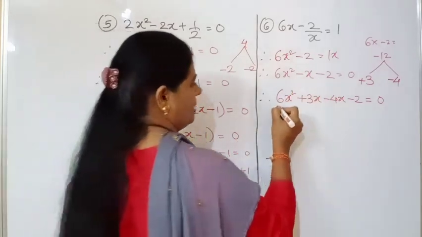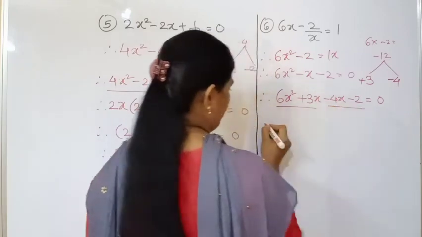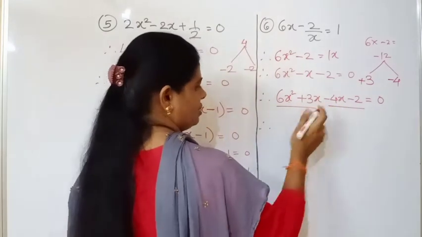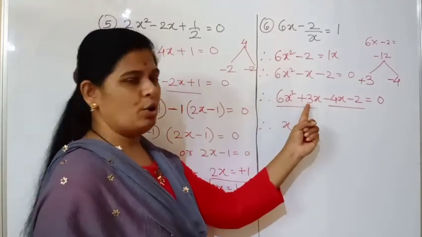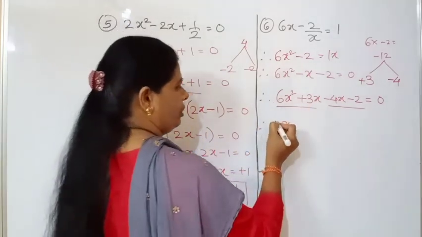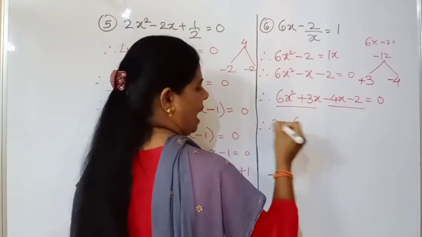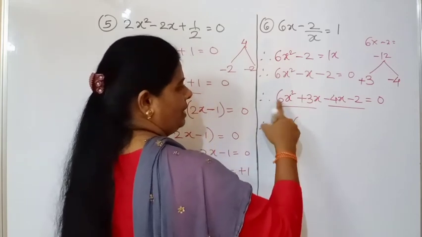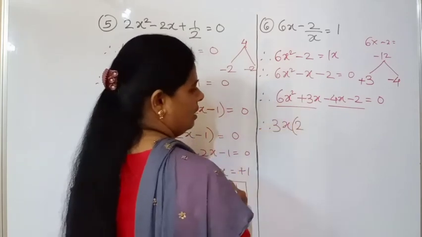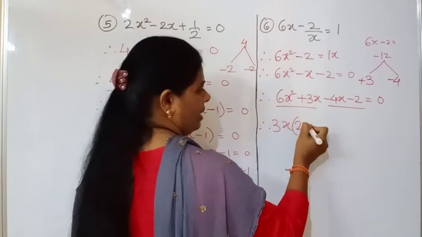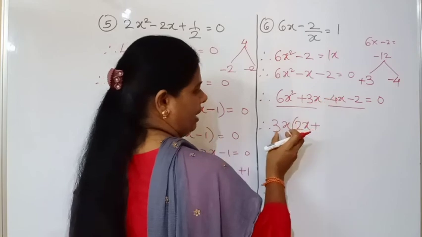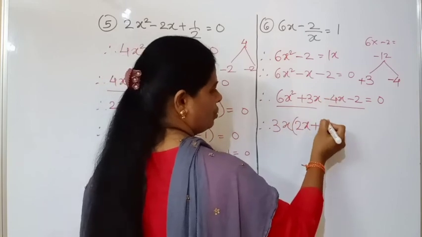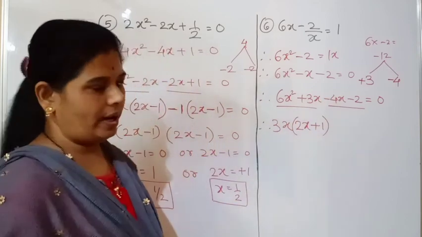Now make the two parts and find the common factors. x is common first of all. There is a 6 in the table of 3, so we will take 3 as a common factor, and in the bracket, 3 how many are 6? 3 2s are 6. x, 1x is remaining, then plus sign. 3x we have already taken common, so we will take it as 1.